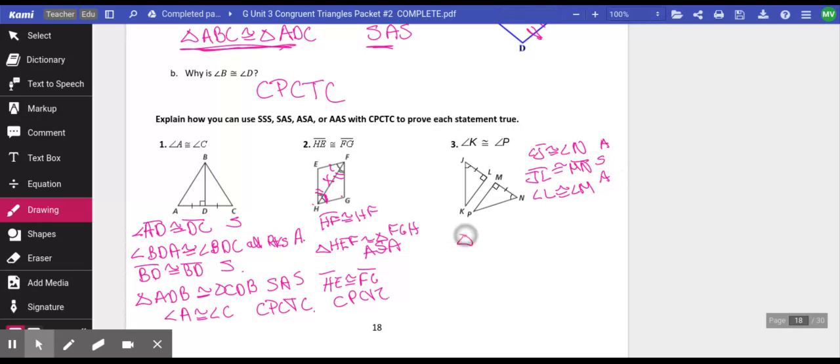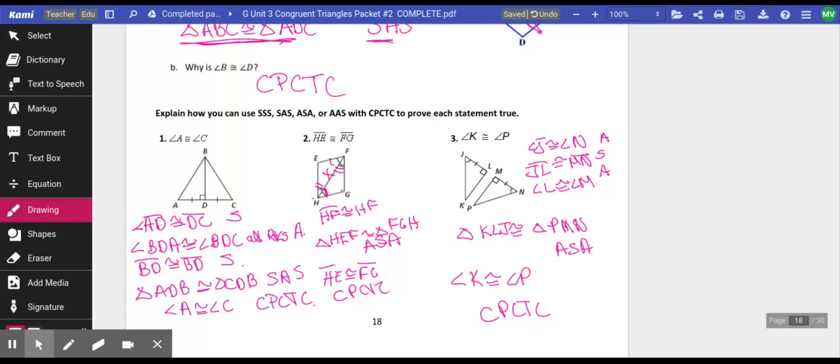So I know triangle KLJ is congruent to triangle PMN by angle, side, angle. And therefore angle K is congruent to angle P by CPCTC. Corresponding parts of congruent triangles are congruent.